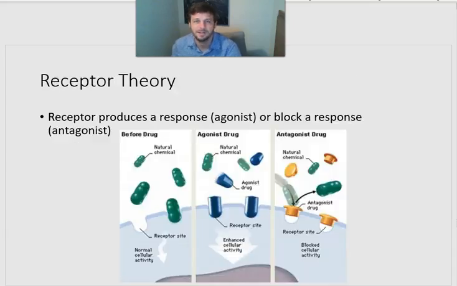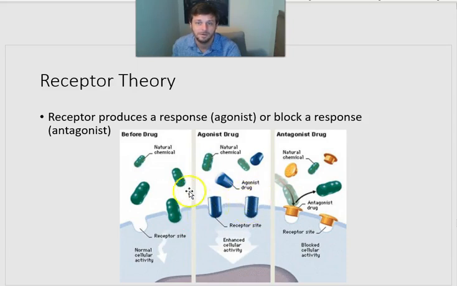So, receptor theory. Your receptor is going to produce a response when the natural chemical binds to that receptor. So here you can see the natural chemical binding and activating a normal cellular activity. You can have agonists and antagonists to these drugs. An agonist is going to bind to that receptor site just like your natural chemical will, and is going to enhance cellular activity just because there's more of it, right?